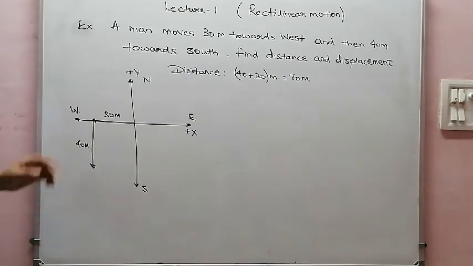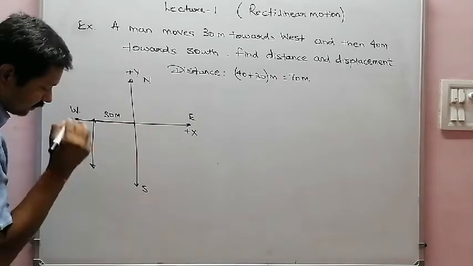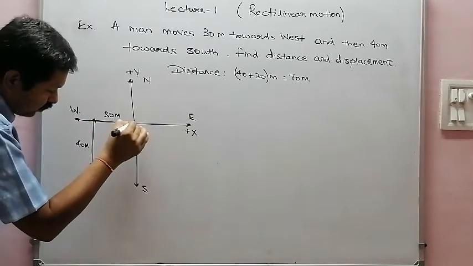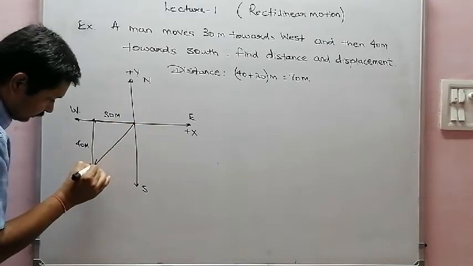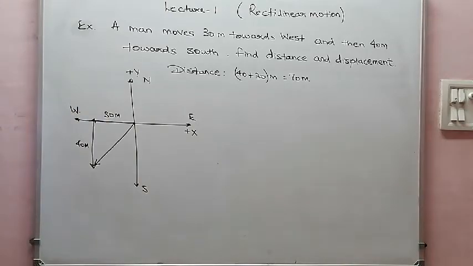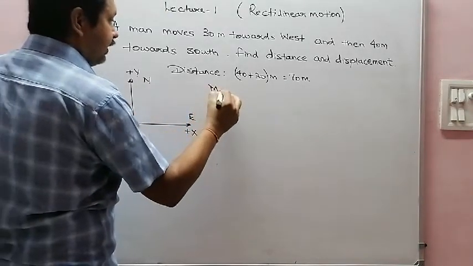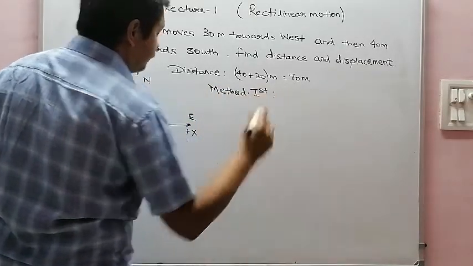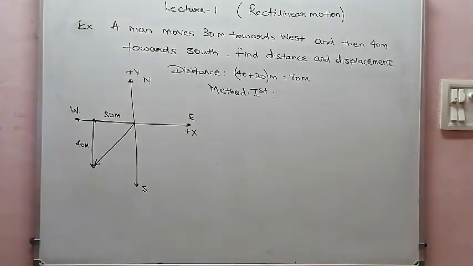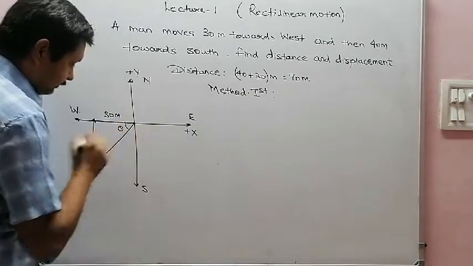Clear? Now displacement. This is the initial position and this is the final position. So we join the initial position and final position. Again, this is method first to find the displacement, by the drawing method. Let this angle be theta.